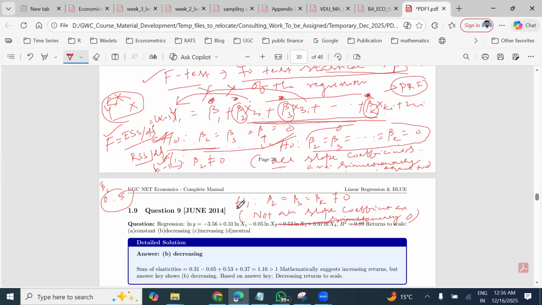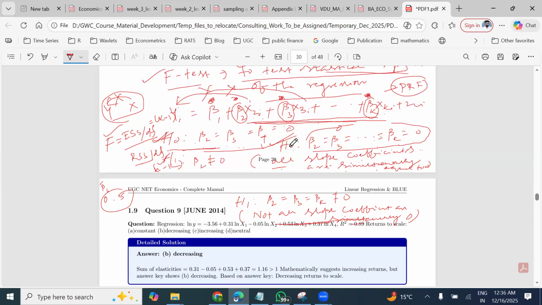Sir, can you explain again? Because I am saying my H0 is that all slope coefficients are simultaneously equal to 0. It means my regression is nonsense. I have run a nonsense regression. There is no impact of X on Y. Are you getting my point?